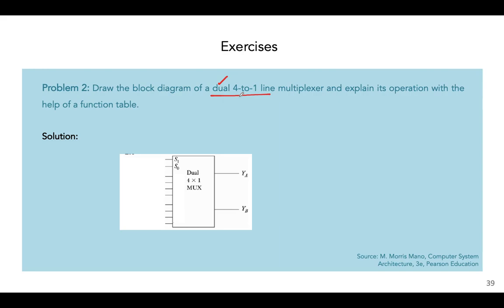If we had two separate 4 to 1 line multiplexers, they would have had a total of 8 inputs and 2 select lines each, which means a total of 4 select lines.